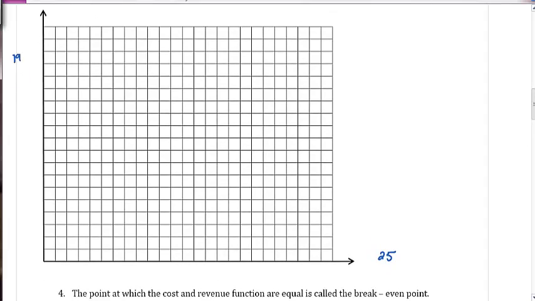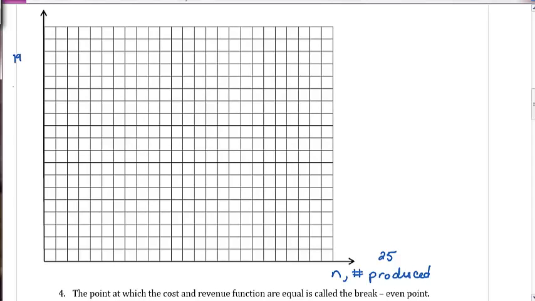Okay, so this is my x-axis, or actually n, and n is the number produced. And this is cost and revenue.